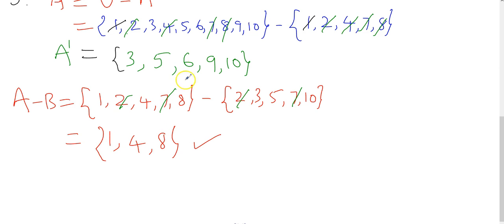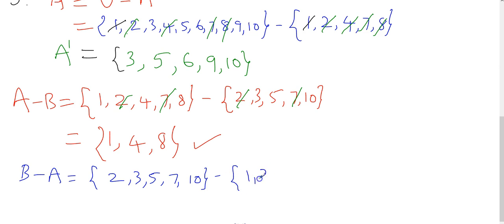Suppose you want to find what is B minus A, we will write B first. That is 2, 3, 5, 7, 10 minus 1, 2, 4, 7, 8.